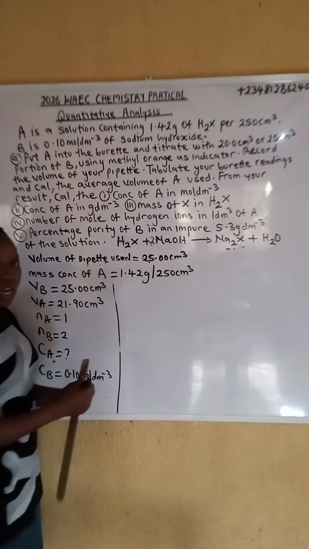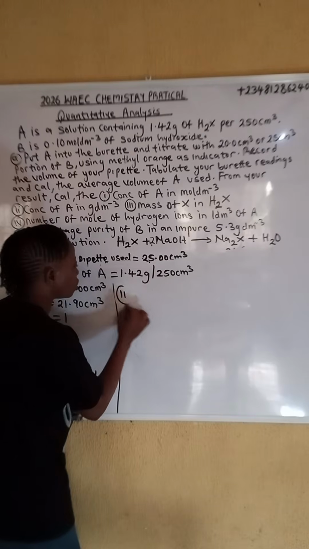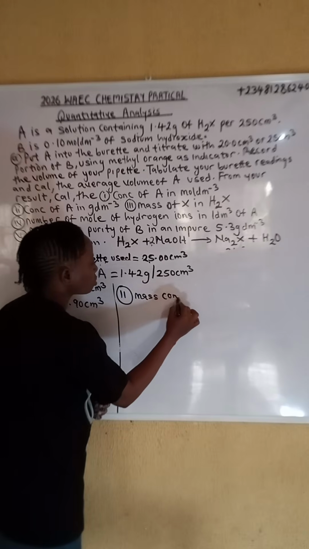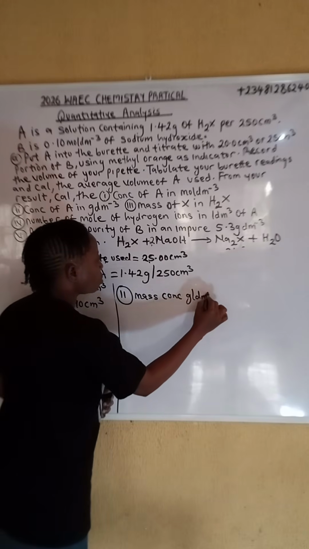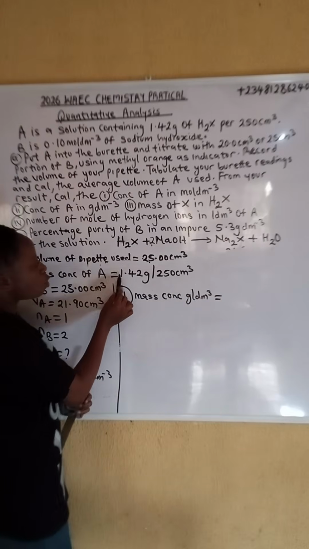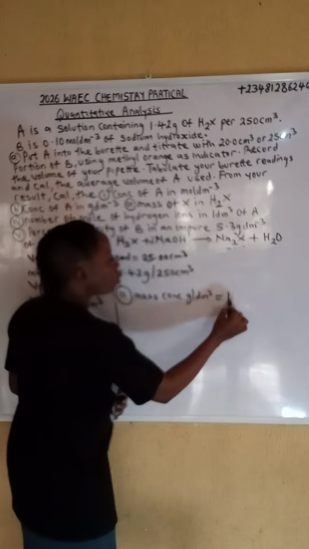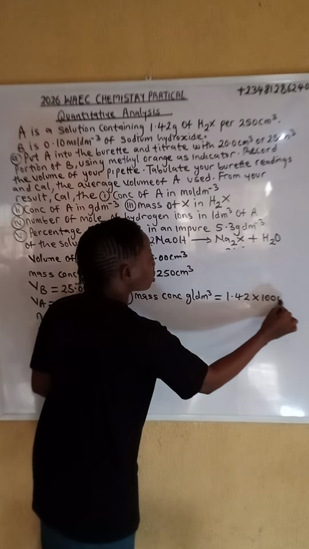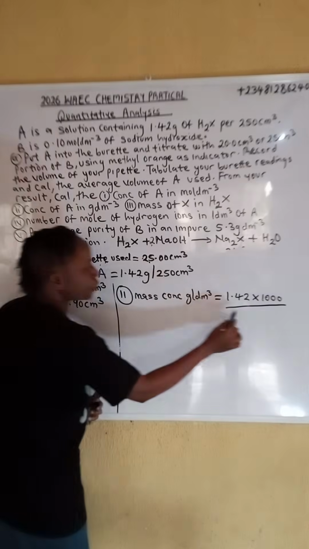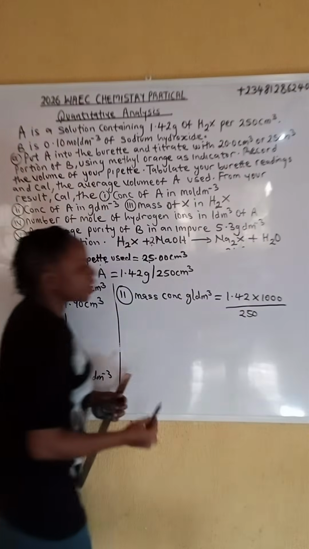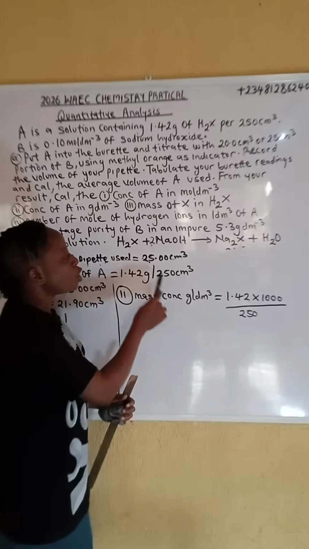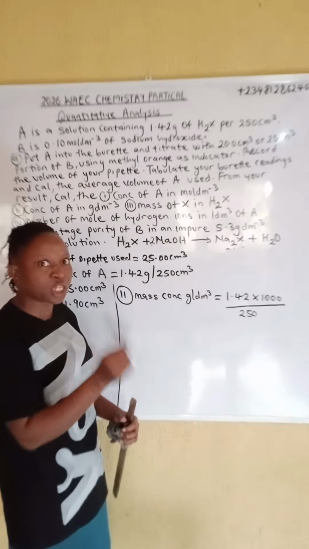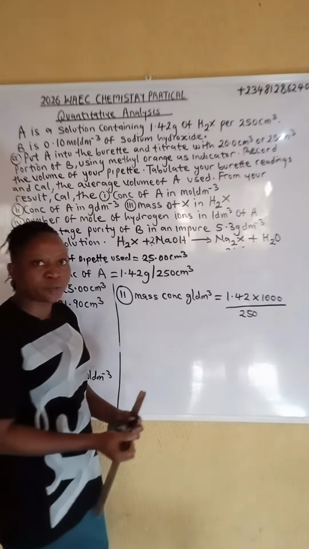The mass concentration will be equal to 1.42 multiplied by 1000, then divided by 250. Don't forget that 1 dm cube is equivalent to 1000 centimeter cube. So you multiply by 1000, then divide by 250.